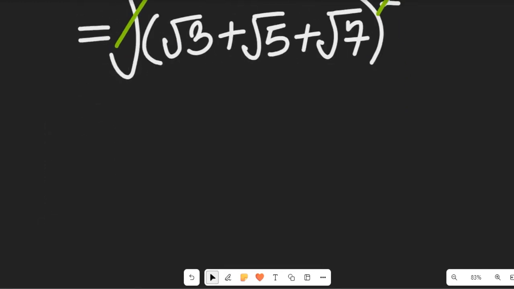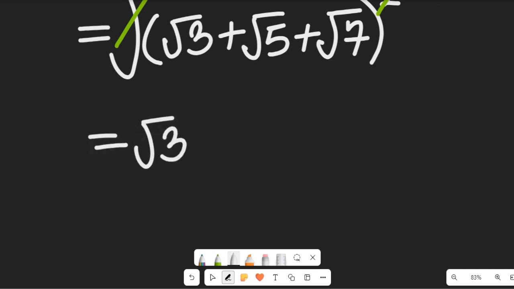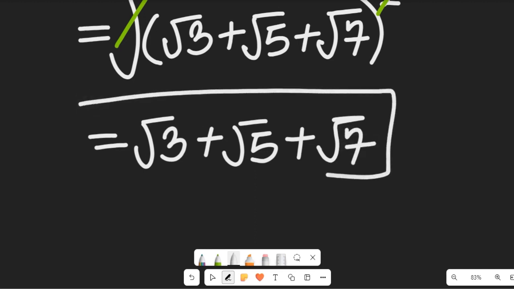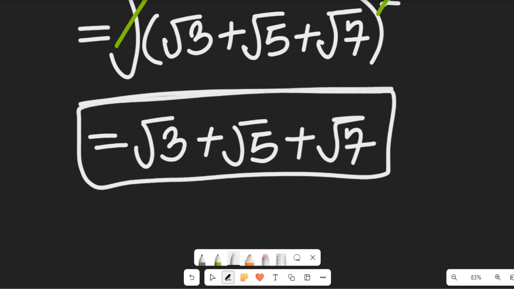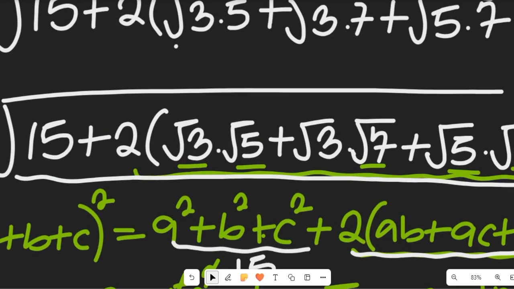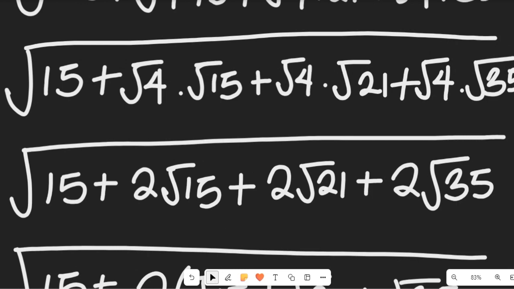So the simplification gives us the square root of 3 plus the square root of 5 plus the square root of 7. If we return that term to its simplest term, this will be the solution to the long expression that was given to us up there.